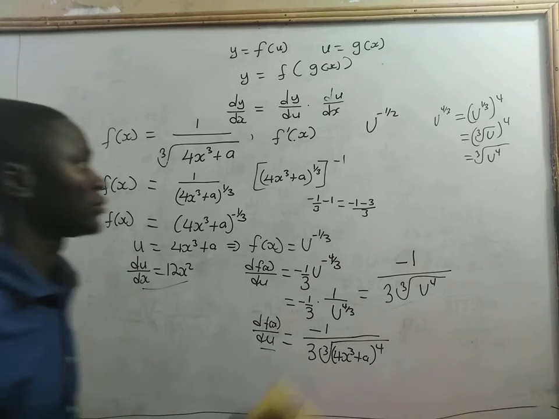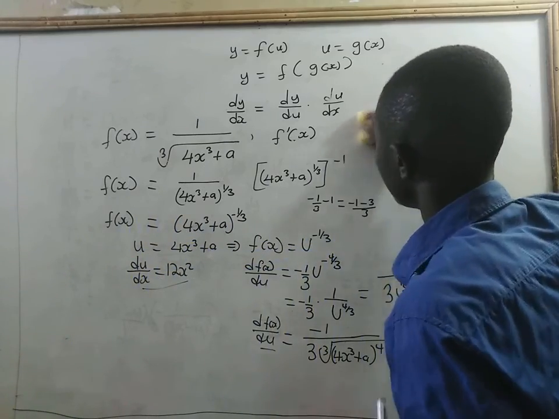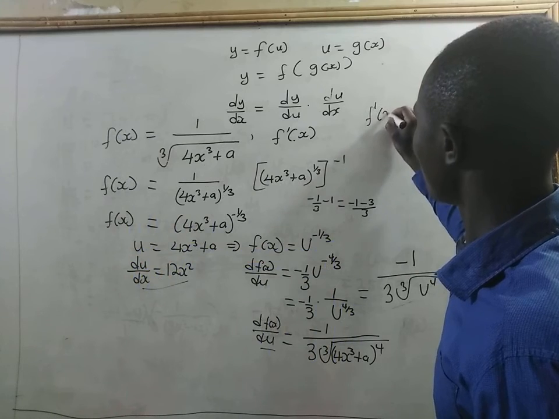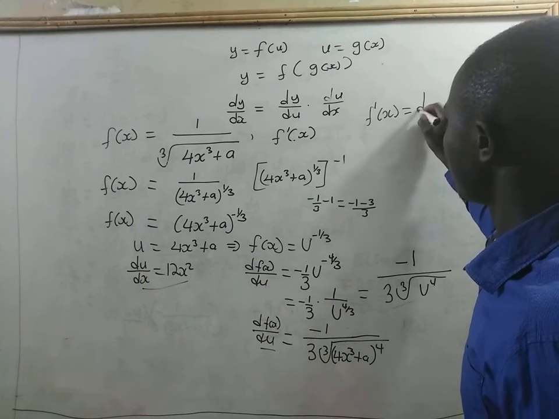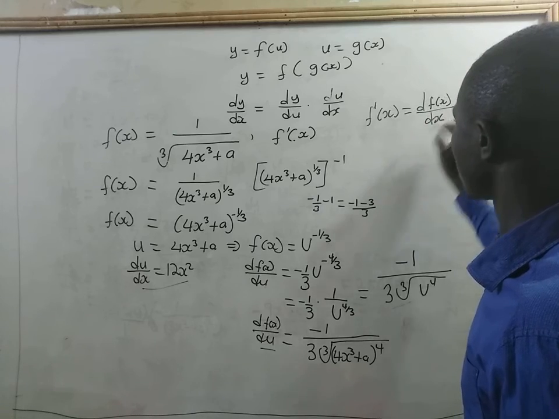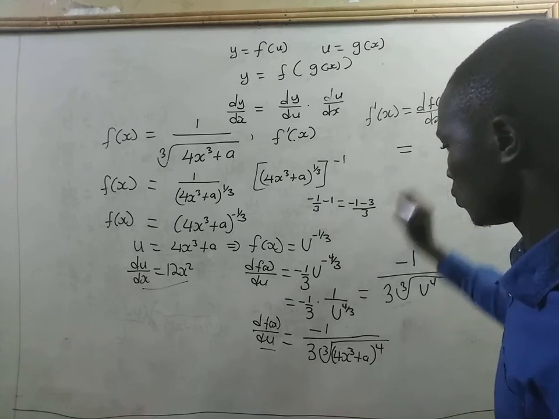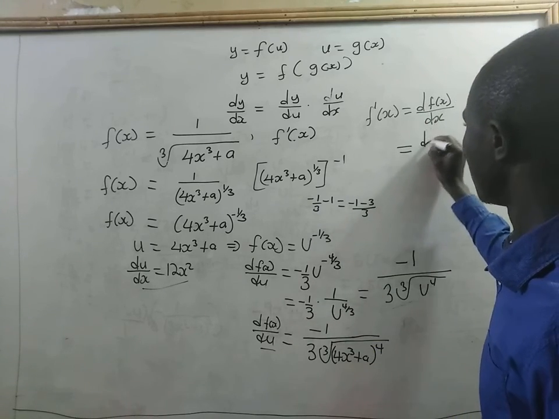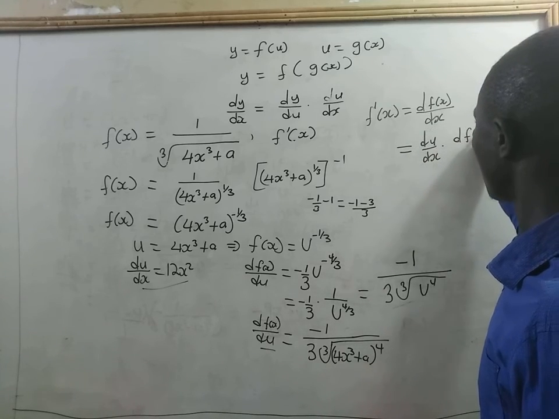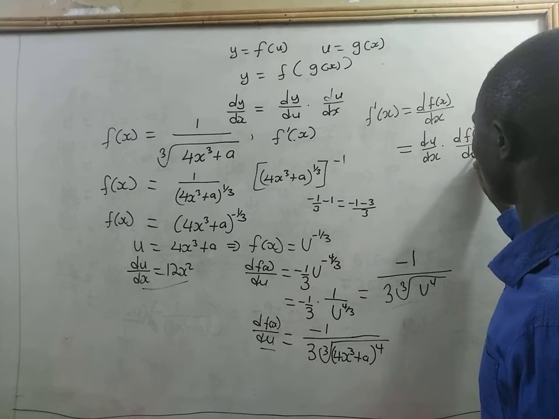So, we take our f prime of x, which is equal to the derivative of f of x with respect to x, to be equal to the derivative of u with respect to x times the derivative of f of x with respect to u.